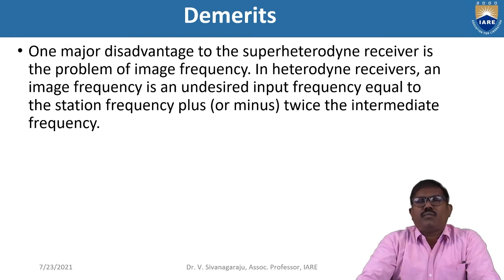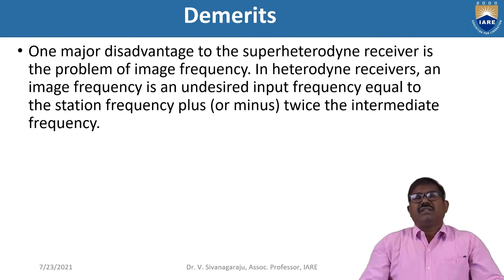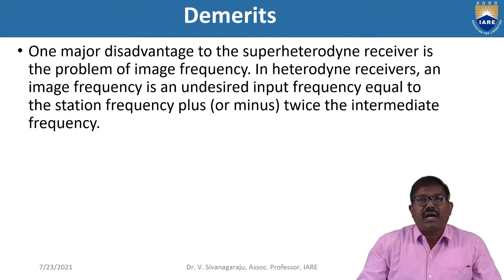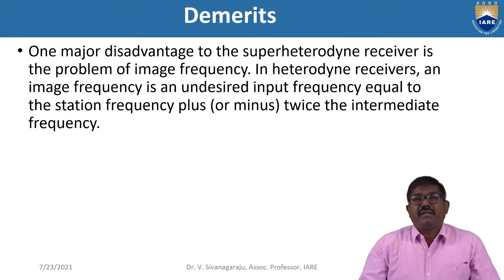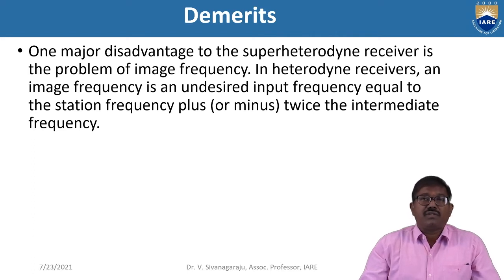In heterodyne receivers, an image frequency is an undesired input frequency equal to the station frequency plus or minus twice the intermediate frequency. So this is a very severe problem in these super heterodyne receivers, and there are a number of numerical problems depending on this image frequency.